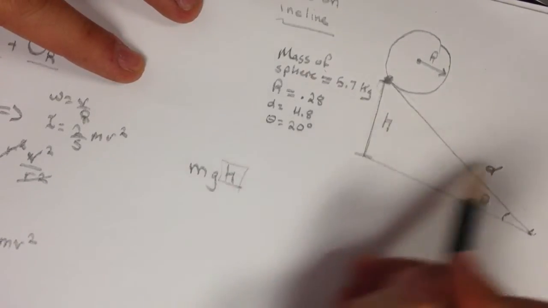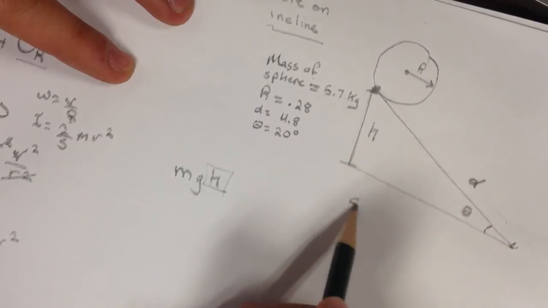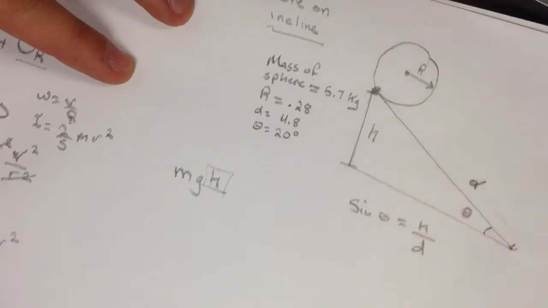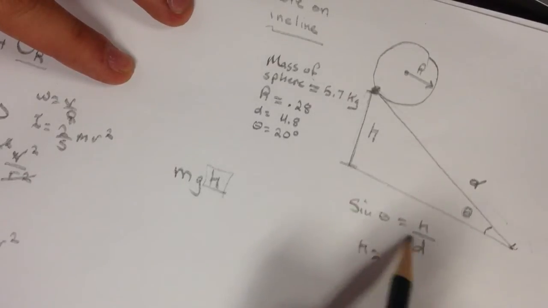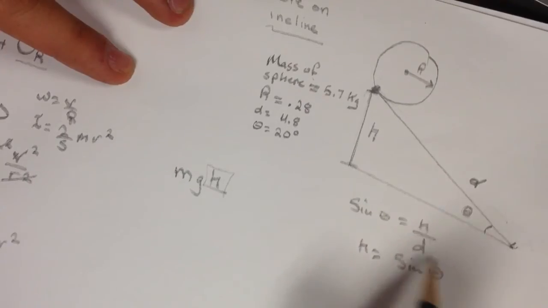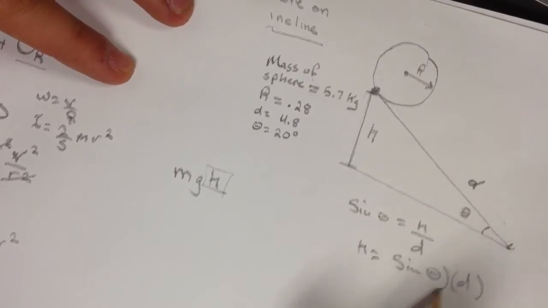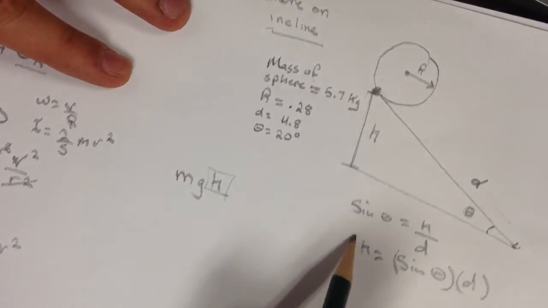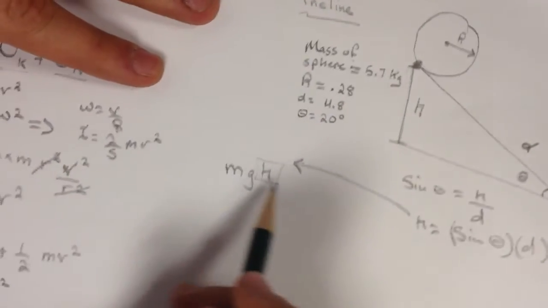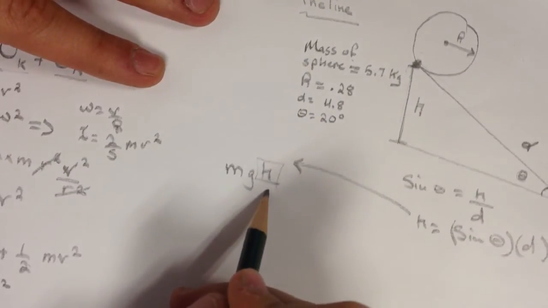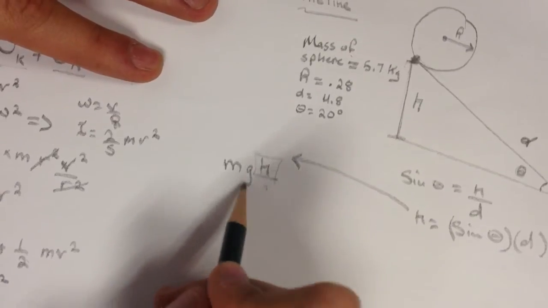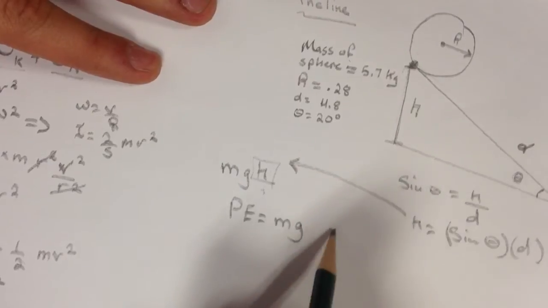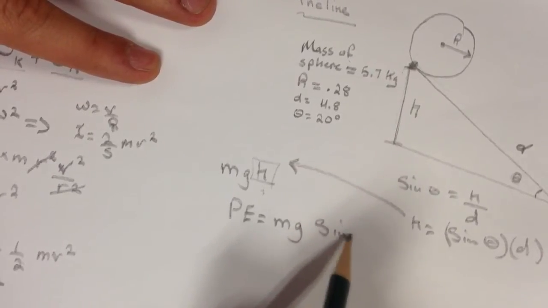So how can we find h? We have the d. Sine of theta equals h over d, so h equals sine theta times d, and you'll get a value for this. Then you substitute this h back in here, and this is where you get the potential: PE equals mg sine theta d.